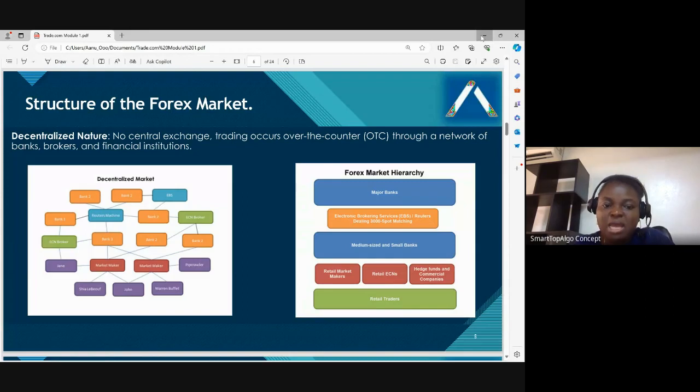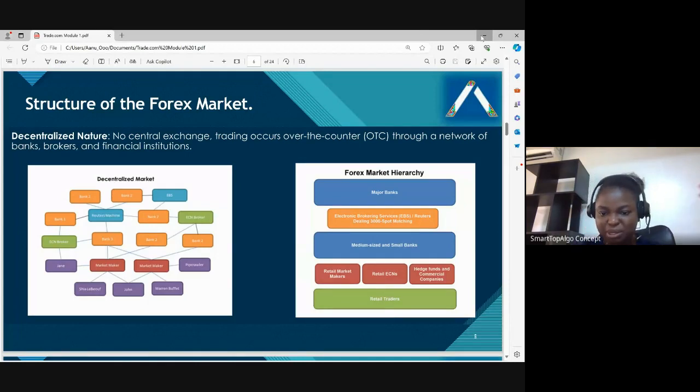Having said that, let's look at the hierarchy. When we talk about the hierarchy, we'll first start with the major banks. When I say major banks, I'm talking about the big commercial banks like JP Morgan and Citibank. These ones have access to almost every country's currency.